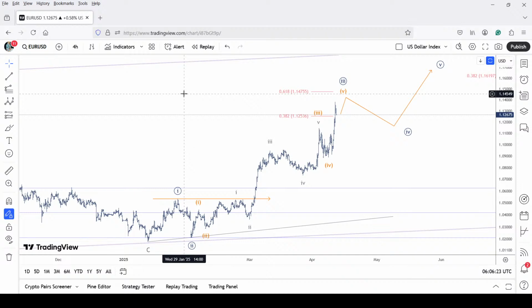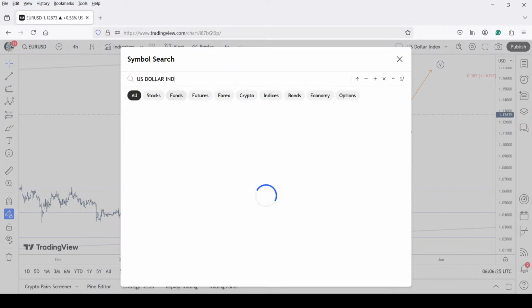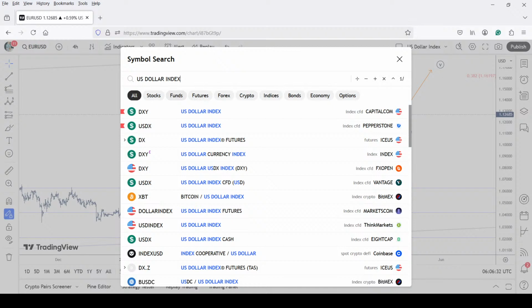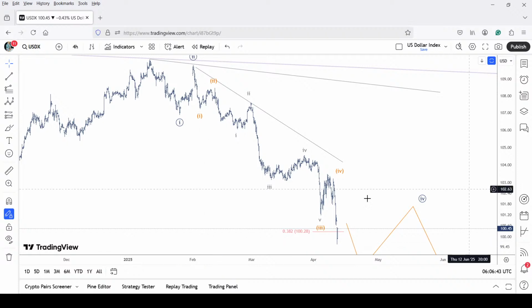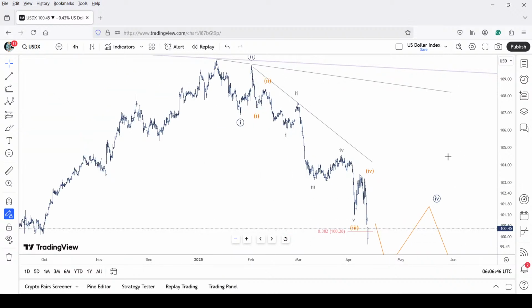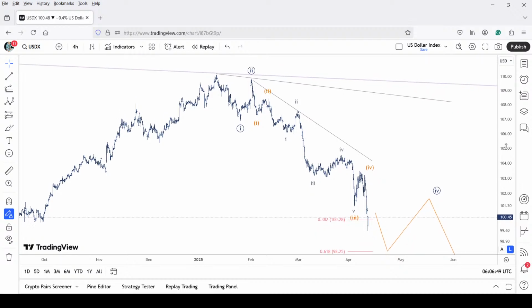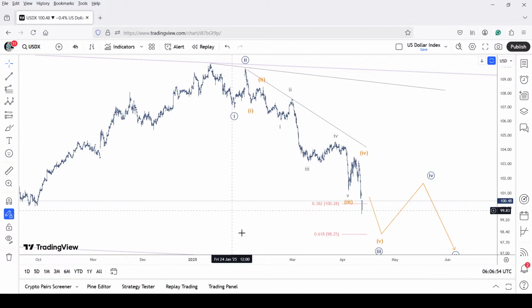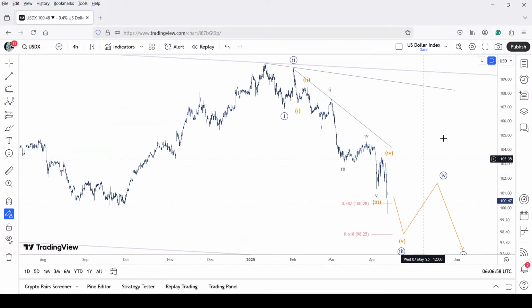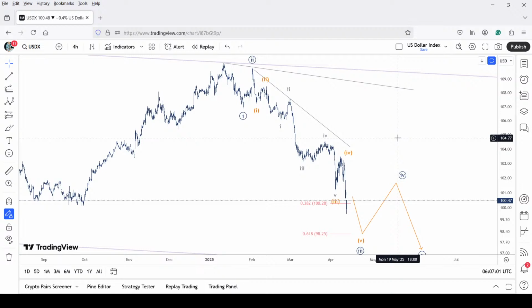Let's find out what's happening in the dollar index. As you can see, the dollar index has hit the first target now.